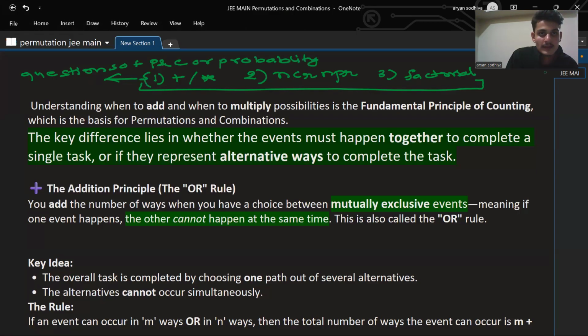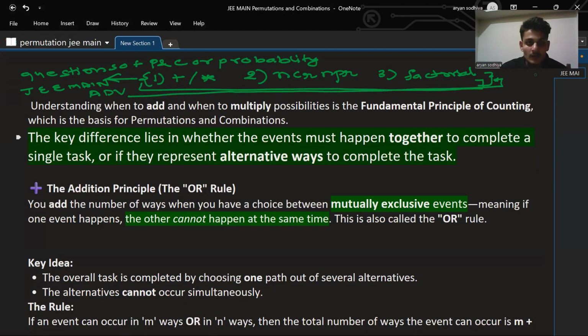So from the perspective of JEE Main and Advanced, these three concepts are very, very useful. So let's understand these three concepts.